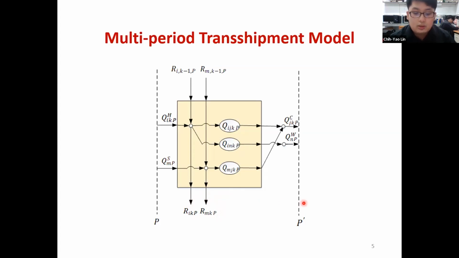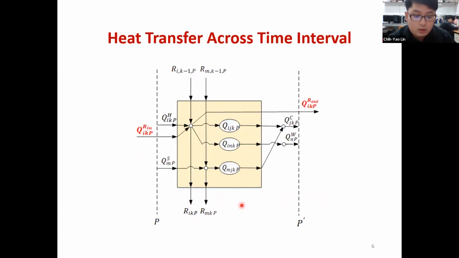We do the energy balance for the multi-period transfer model to find the objective of minimal hot and cold utilities. Next, we go into the multi-period transfer model considering heat transfer across time intervals. Here is the model of heat transfer across time intervals.